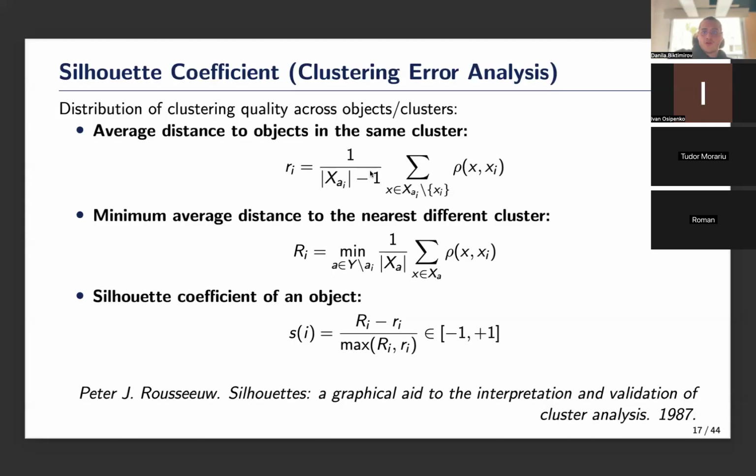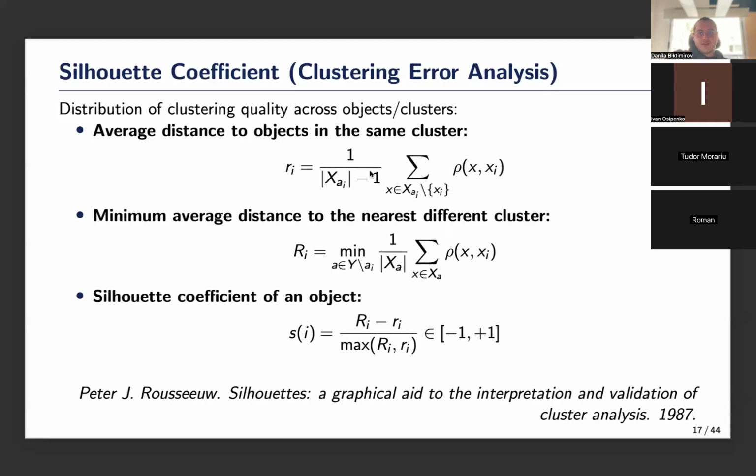The value of S lies between -1 and +1. If S is approximately 1, the point is well clustered. It fits well inside its cluster, and it's also far apart from the other clusters.